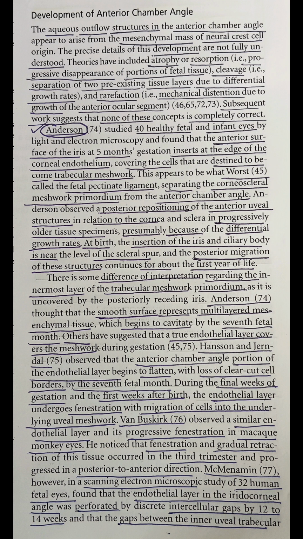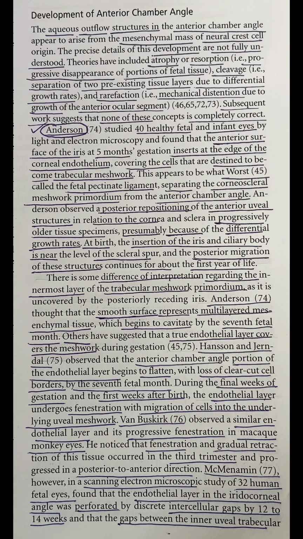Others have suggested that a true endothelial layer covers the meshwork during gestation. Henson and Gendel observed that the anterior chamber angle portion of the endothelial layer begins to flatten with loss of clear-cut cell borders by the seventh fetal month.